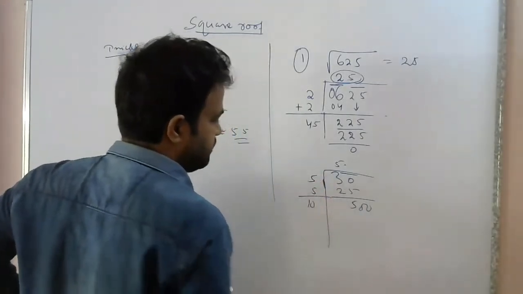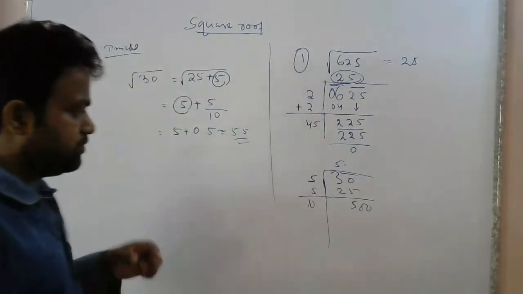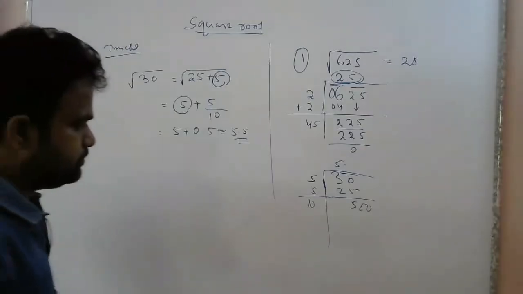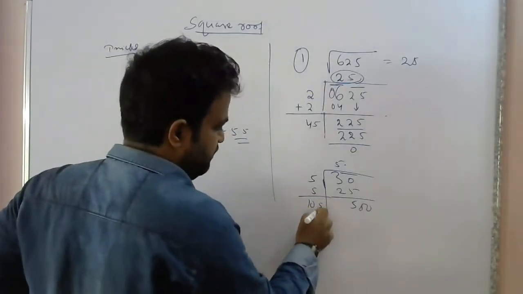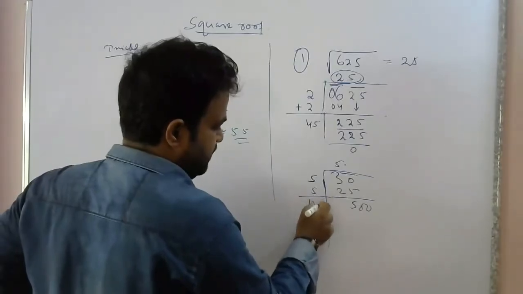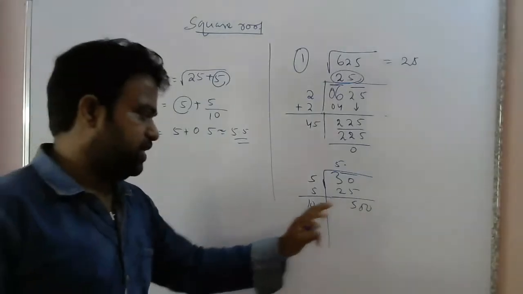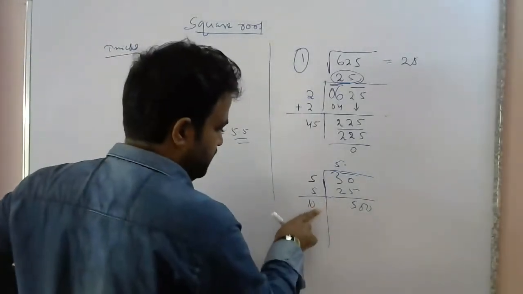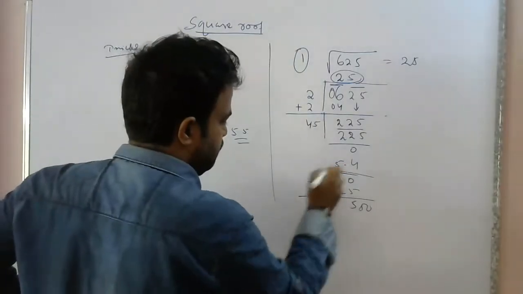This is 10. So what can you multiply? If you multiply by 5, it will be 525, so it's greater than 500. So it will be 4. Put 4 here.